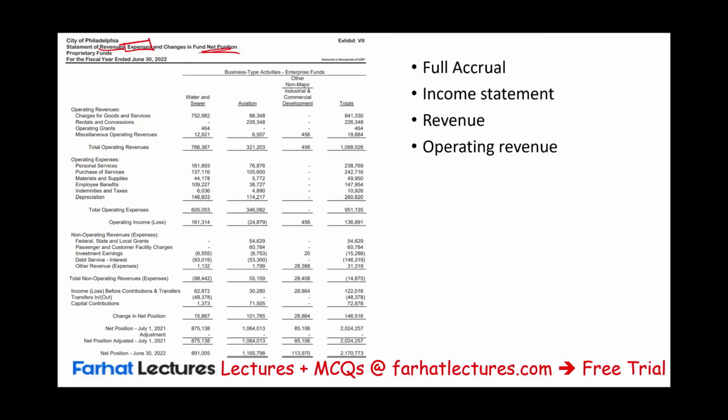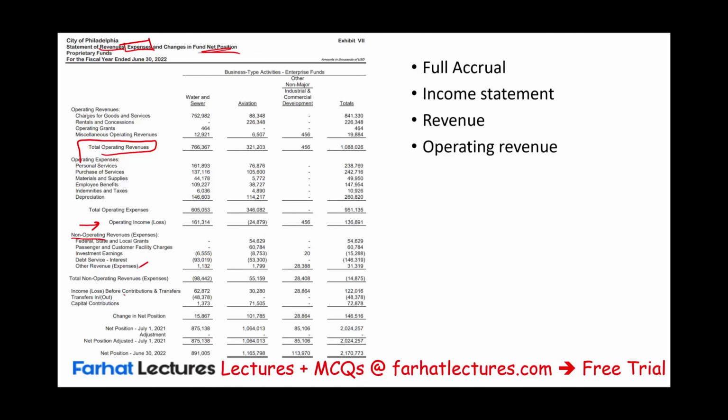We have a line that's called operating revenues. We have total operating revenues, total operating expenses. The difference between them is operating income. We also have a section that's called non-operating revenues and expenses: federal, state, and local taxes, investments, debt service, other revenues. Think about operating and non-operating revenues and expenses for normal businesses.